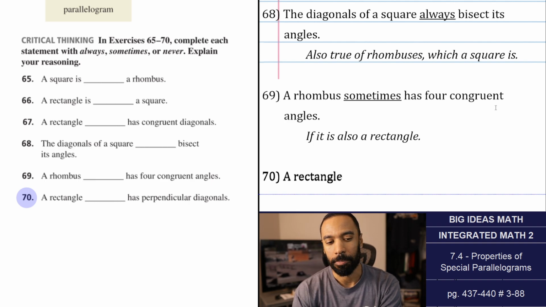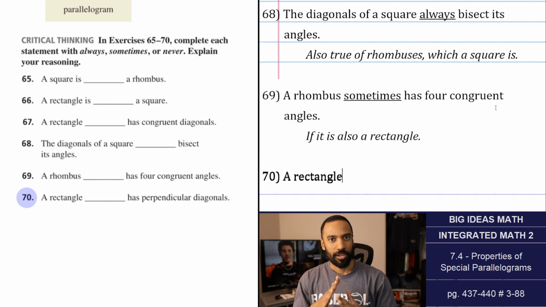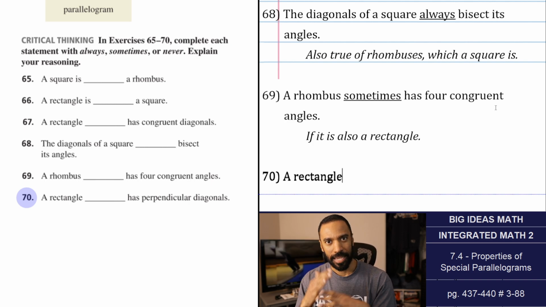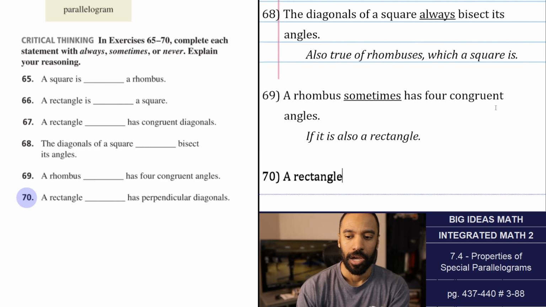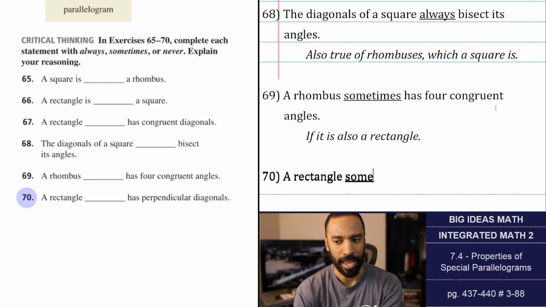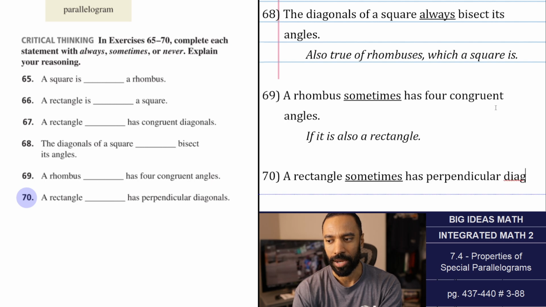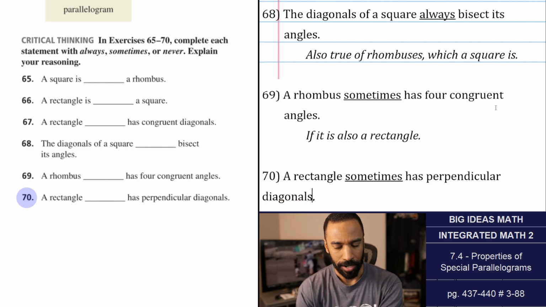A rectangle blank has perpendicular diagonals. Okay, so a rectangle has congruent diagonals, but when they're perpendicular, you're making a square, right? A rectangle sometimes, by the way, were there any nevers? I'm going to double check and make sure there weren't supposed to be any nevers. But a rectangle sometimes has perpendicular diagonals when it becomes a square, which means when it's also a rhombus, right?